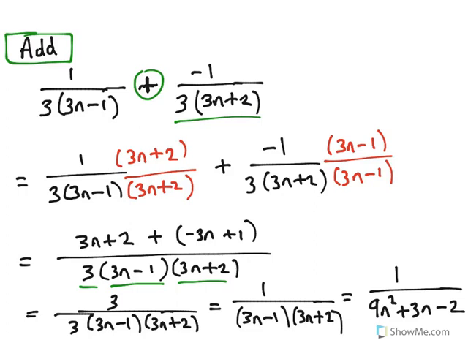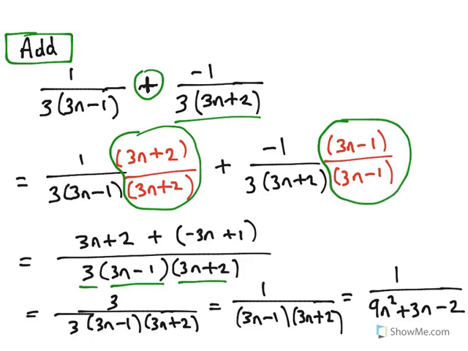So we need to get that for each rational expression. So our first rational expression will be multiplied by this form of 1. 1 is the multiplicative identity, so when you multiply a rational expression by 1, you don't change it. And our second rational expression will be multiplied by this form of 1. And the purpose for that is to get our common denominator, our least common denominator.